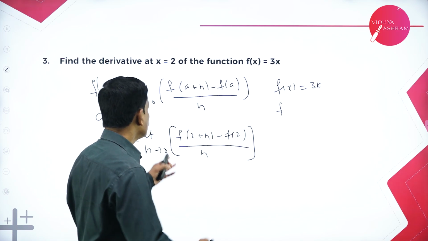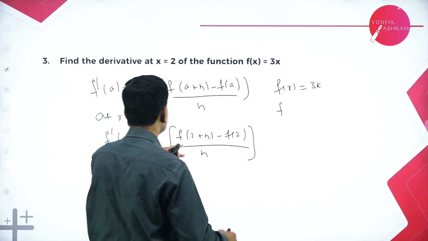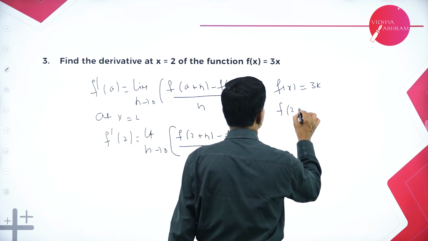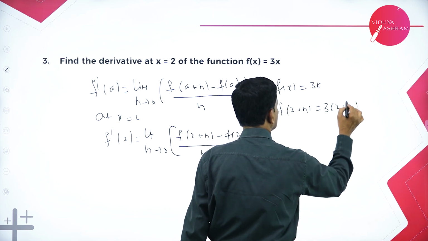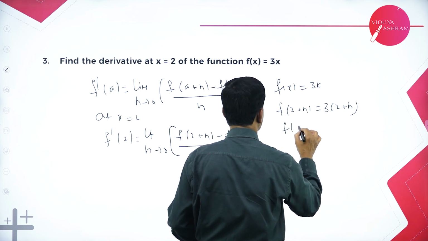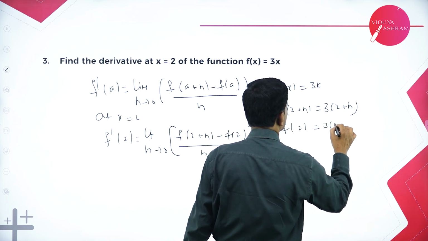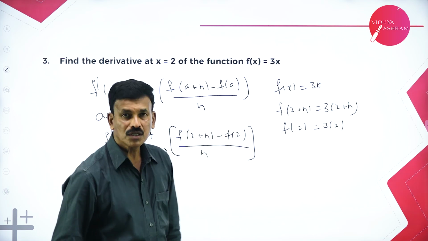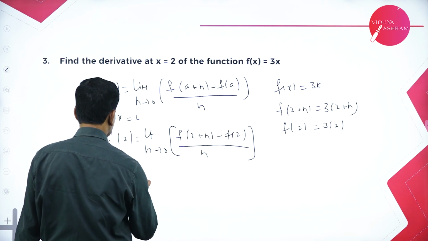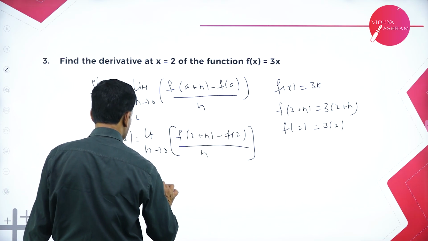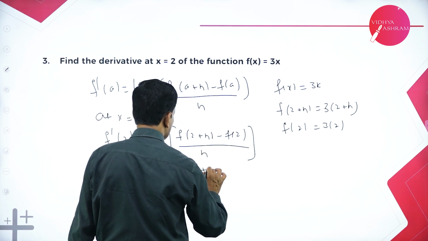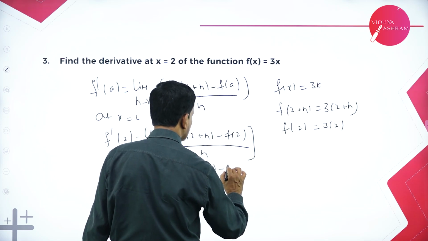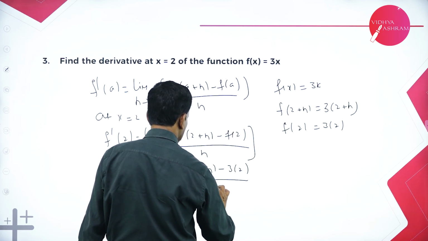Right. Now since what is f of x? f of x is equal to 3x. So f of 2 plus h can be written as 3 times 2 plus h, minus f of 2. f of 2 is equal to 3 times 2. Okay. Now apply the limit here. So therefore this becomes limit h tends to 0 of f of 2 plus h, which is 3 times 2 plus h, minus f of 2, which is 3 into 2, divided by h.